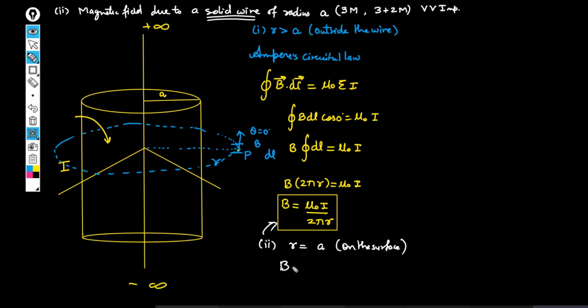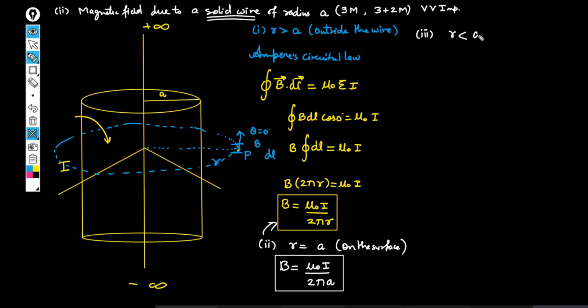So it will give us the result B equals mu naught I upon 2 pi a. Right? This is the magnetic field on the surface of this solid wire. Now if we consider inside the wire, that will be the third case, which is different from the first case.